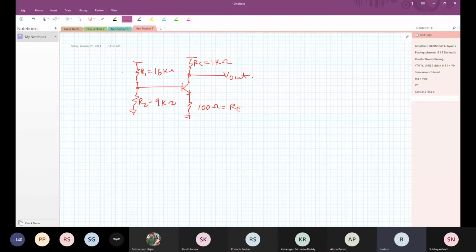Now, as per the textbook problem, if R2 changes by plus 1%, then the new R2 is how much? 1% of 9 kilo ohms is 90 ohms.